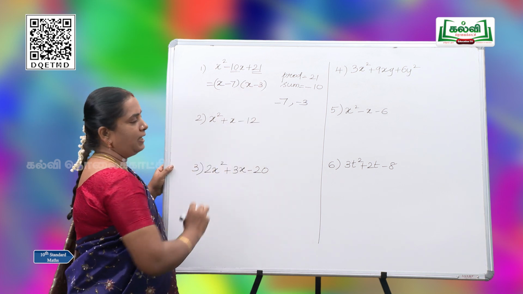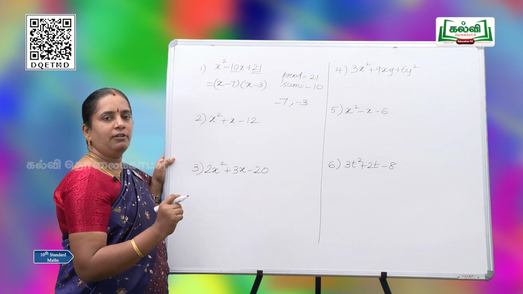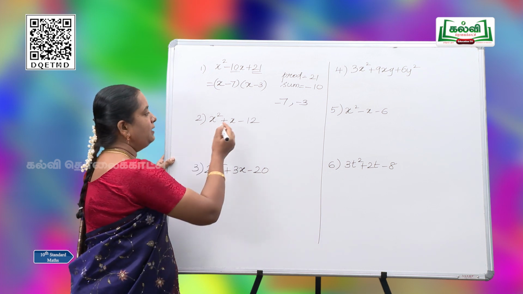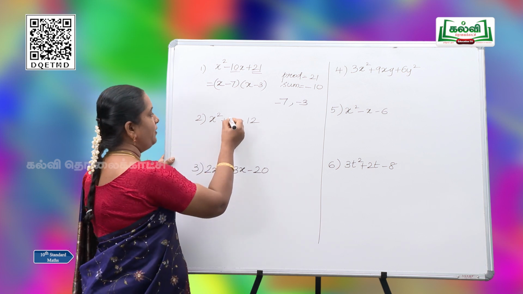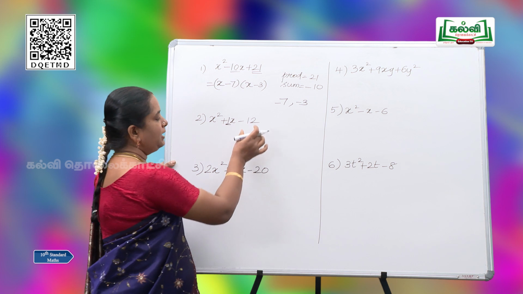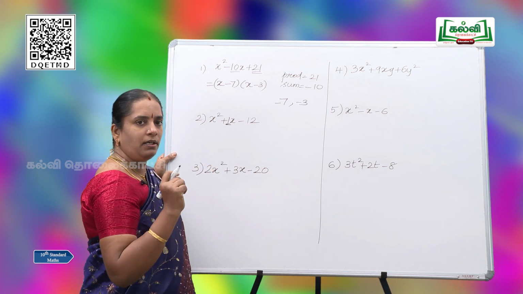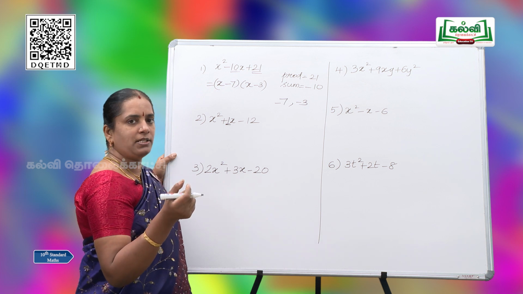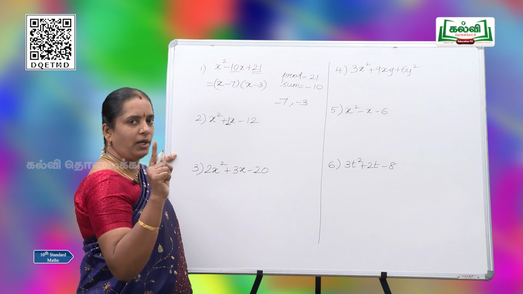Okay. See the next one, the product is negative. If the product is negative, we have to think of the sum as the difference of numbers. Here the coefficient of x is 1 and the product is 12. Yes, what two numbers in multiplication give 12 and in addition give 1?